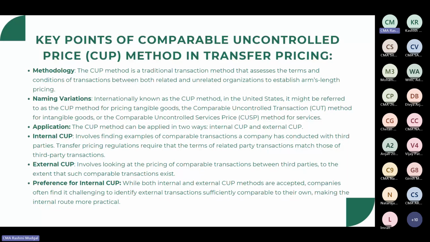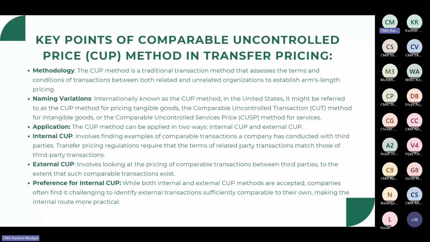Naming variation. Internationally it is known as the CUP method; in the United States, CUT and CUSP methods are known. Application. The CUP method can be applied in two ways, internal CUP or external CUP. Internal CUP is like if all my companies are selling at the same prices. An external CUP is for the market comparable uncontrolled price.